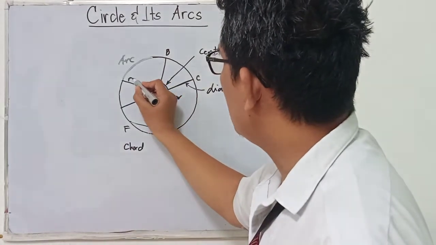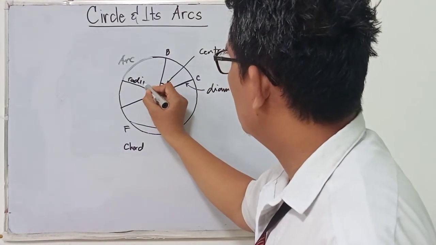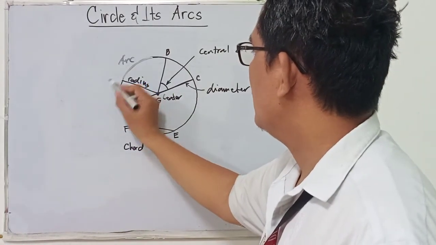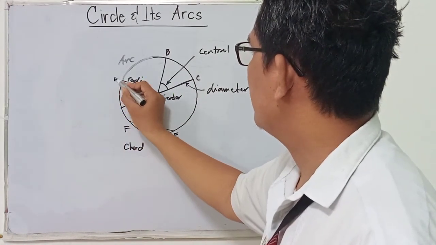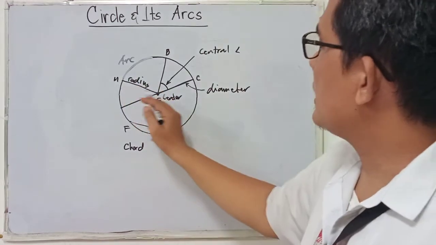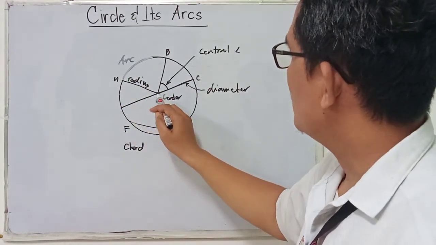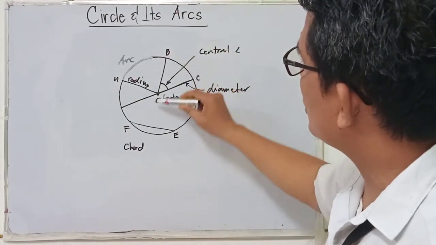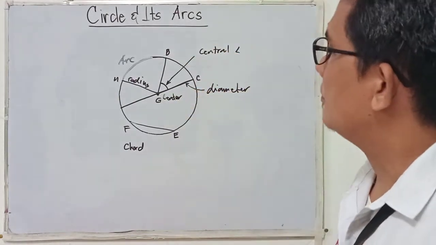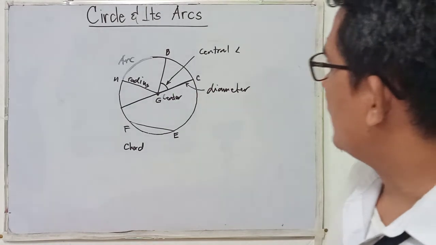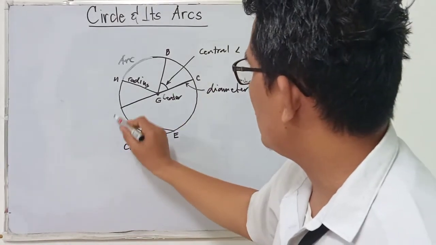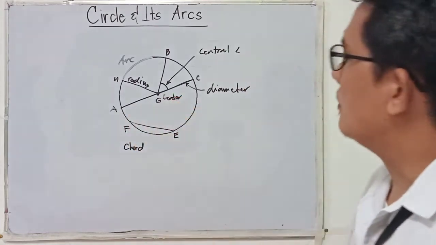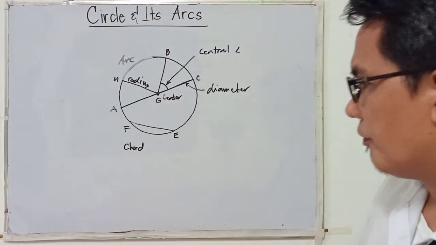So if this is our M, our radius is MG. We have multiple radii. We can form other radii, BG and CG. Those are radii. And if we name this point A, we also have AG.